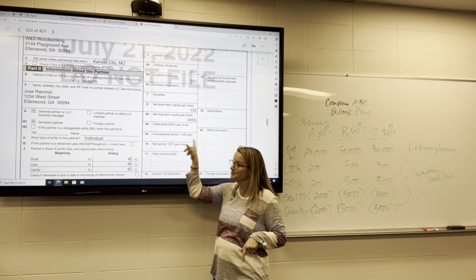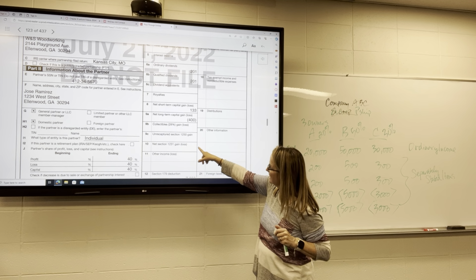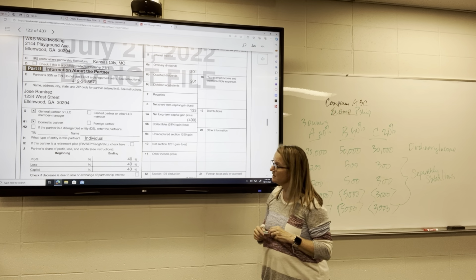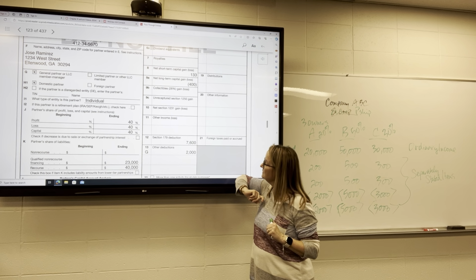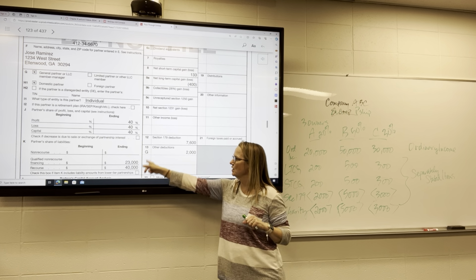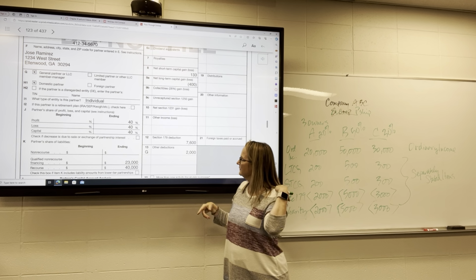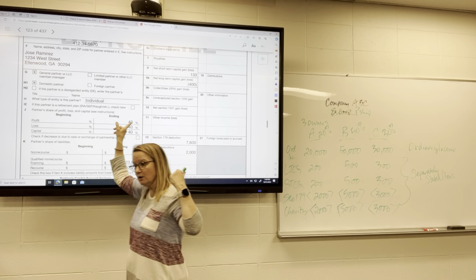Remember unrecaptured section 1250 gain, that 25% tax, net section 1231 gain or loss, any other income, here's our section 179 deduction. Other deductions, I think this was a charitable contribution, so there's a code over here to indicate what that is. Over here, we're given the percentage that this partner owns.